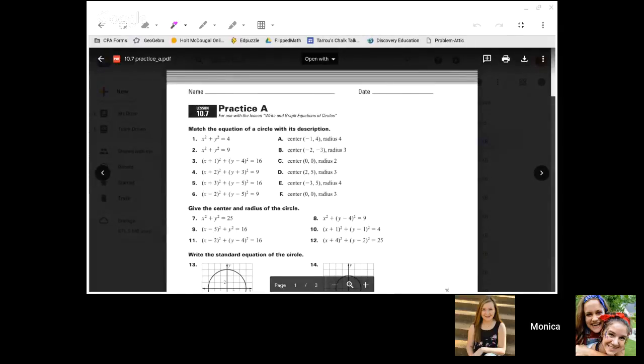Okay, Natalie. So were you able to get anything from 10.7 or no because you were out? You were there when we went over it, right? Just not when we graded it? Okay. So the equation of a circle, it gives us information that we can use to graph it.